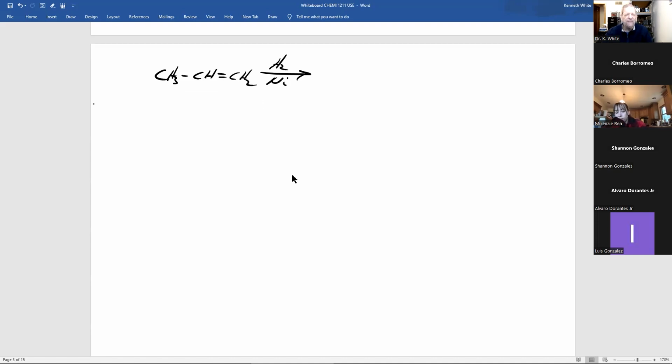The question is, give the organic product or products for the following. I'll do this one, and you look for what's different. A double bond, one pi bond and one sigma bond, reacting with hydrogen and nickel as a catalyst. The catalyst can be nickel, platinum, or palladium. You break the pi bond, and each carbon of the double bond gets a hydrogen.